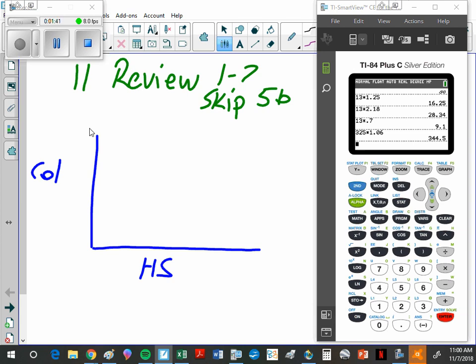We would expect the line to go up, not down. If you do terrible in high school, does that mean you're going to do really well in college? Probably not. Now, it's probably not a very good football, because GPAs can be all over the place. Maybe you just didn't like high school, or maybe you love high school and college isn't for you.